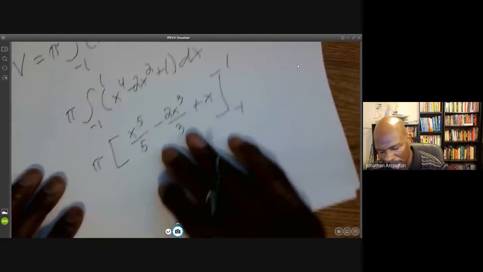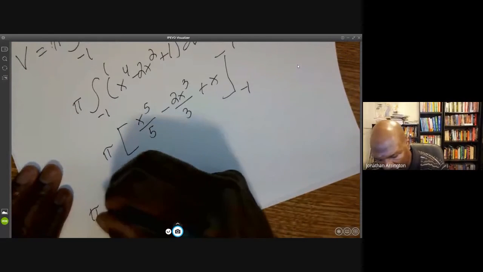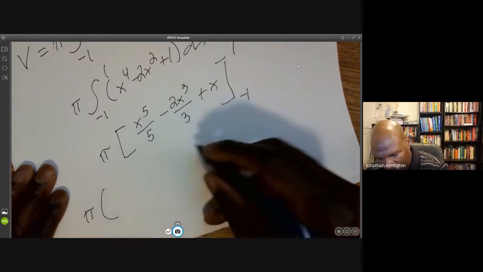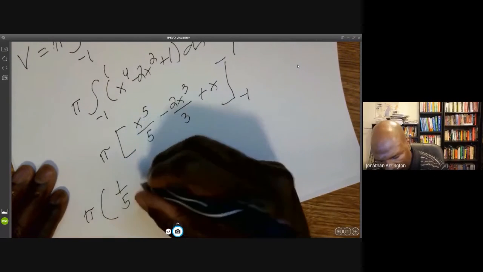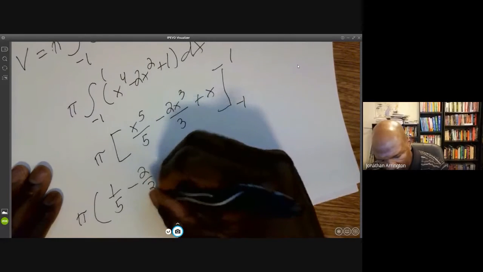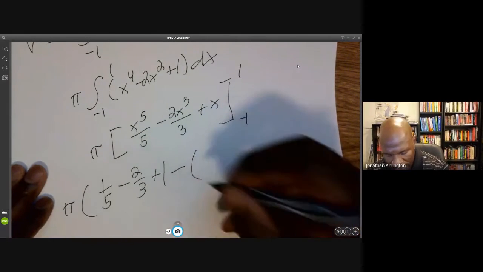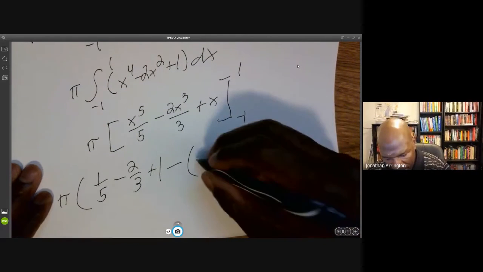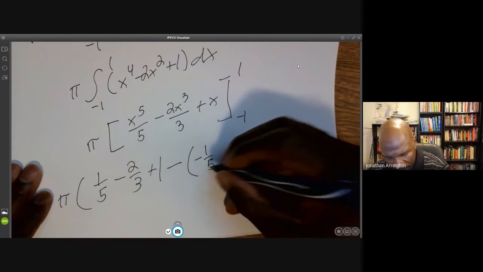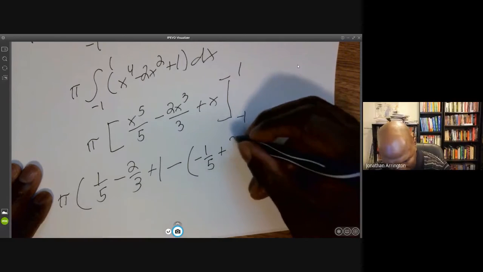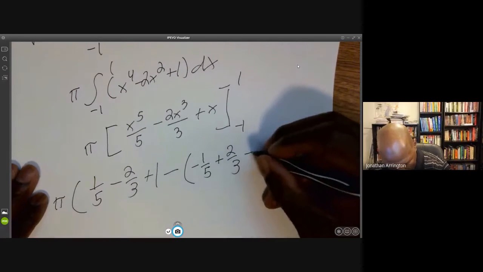So this is going to be pi. So when I plug in 1, that'll be 1/5 minus 2/3 plus 1, minus, and when I plug in -1, that'll be -1/5 plus 2/3 minus 1.